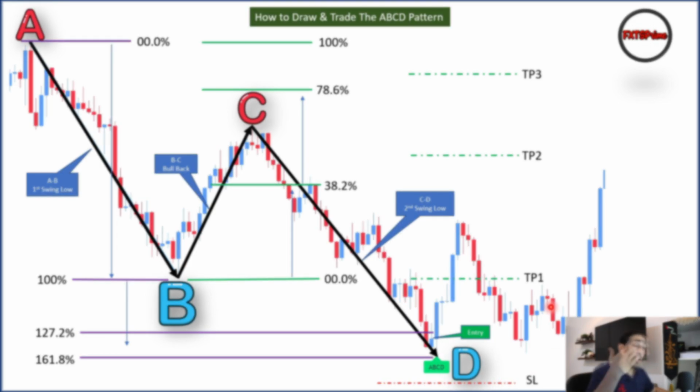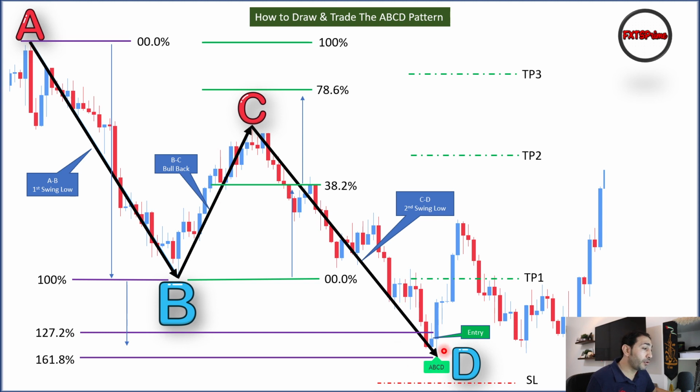Now most traders take profit based on the retracement from A to D. However, my take profit will always be at the area of resistance, which is this one. So this is my first take profit, the resistance point B. The resistance point C is my second take profit, and the resistance point A is my third take profit.